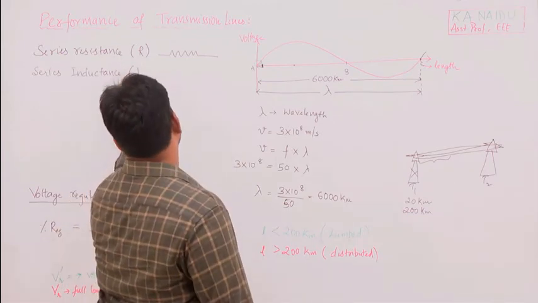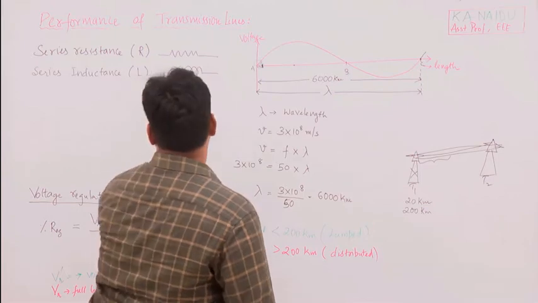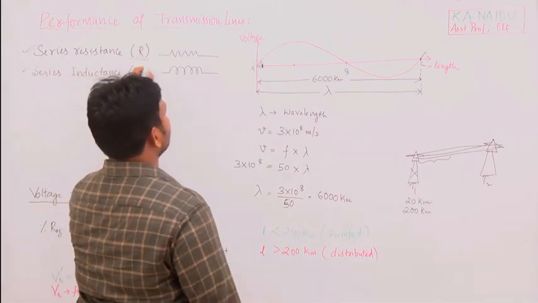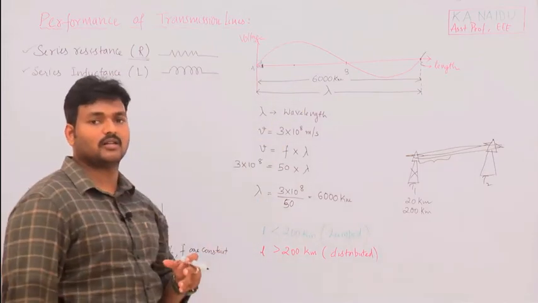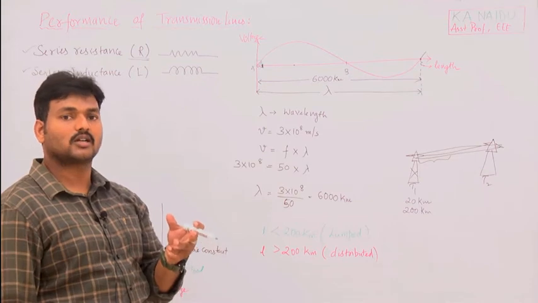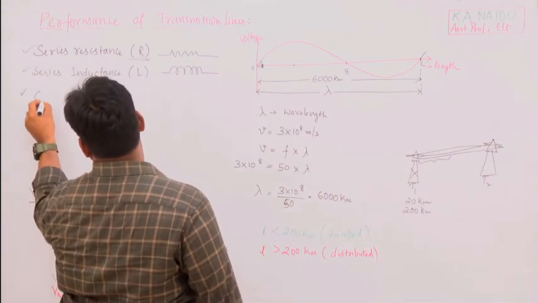So this is denoted by L, and this is the symbol for inductance. Resistance is because of the property of the material used for the transmission line conductor. Third one is capacitance.